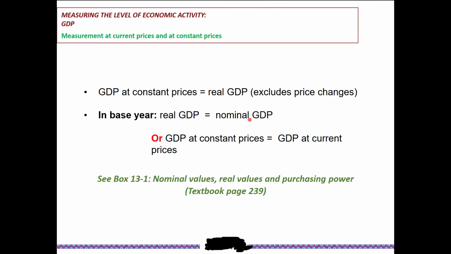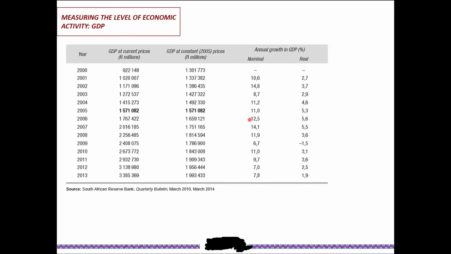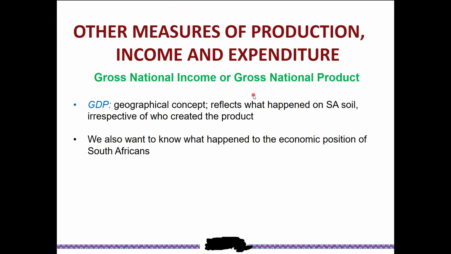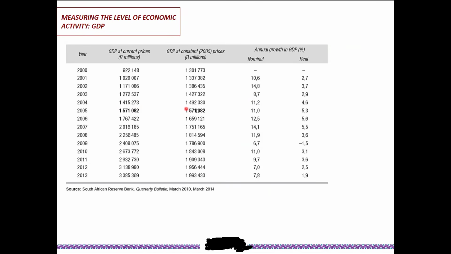So in the base year, real GDP is equal to nominal GDP because you're using the same figures, or GDP at constant prices is equal to GDP at current prices. Obviously, because you're using the same market price and the same constant price. They're just showing you here that GDP was the same in 2005.